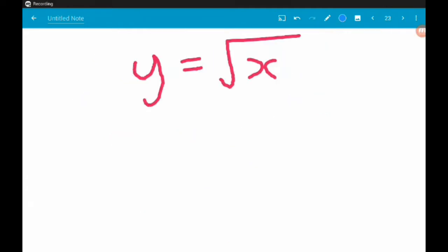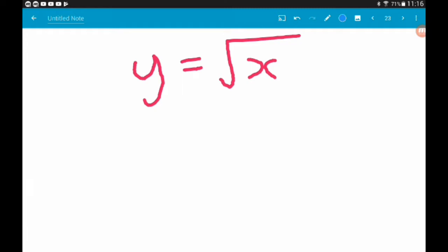Okay, what about then if we have something like y equals root x? How do we differentiate this? Well, again, we're going to write this in index form. So, remember, if you square root something, that's the same as setting it to a power of 1/2.